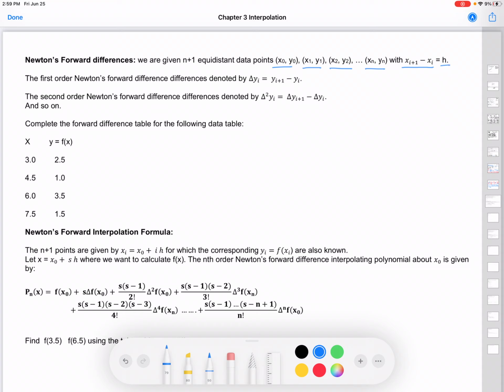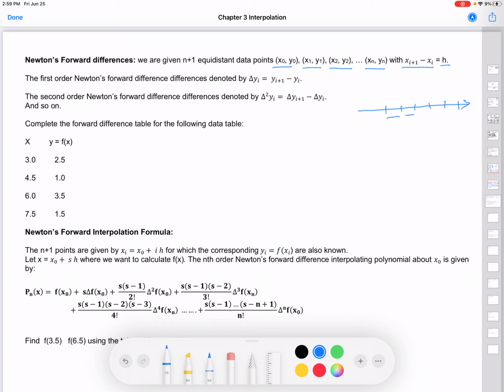Okay, so what is the forward difference? Forward difference at any point is the difference between the y value at the forwarded point minus the y value at that point. Suppose this is my x-axis, and I am dividing it into equal subintervals, because each of the x's right now needs to be of equal distance.